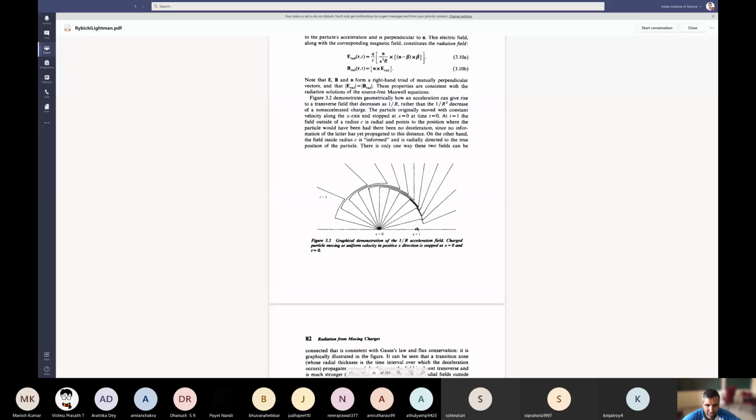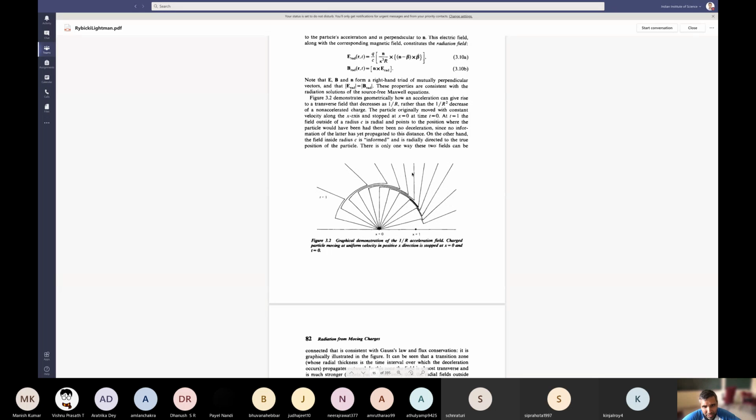But the inside world, which is in causal contact with the particle, will have radial fields, just like in electrostatics. When you join these fields, the only way to join the outer field and the inner field is to have this large tangential field. You can see these are the field lines.